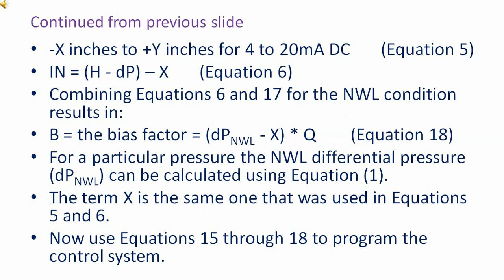For a particular pressure, the NWL differential pressure dP NWL can be calculated using equation 1. The term X is the same one that was used in equations 5 and 6. Now use equations 15 through 18 to program the control system.